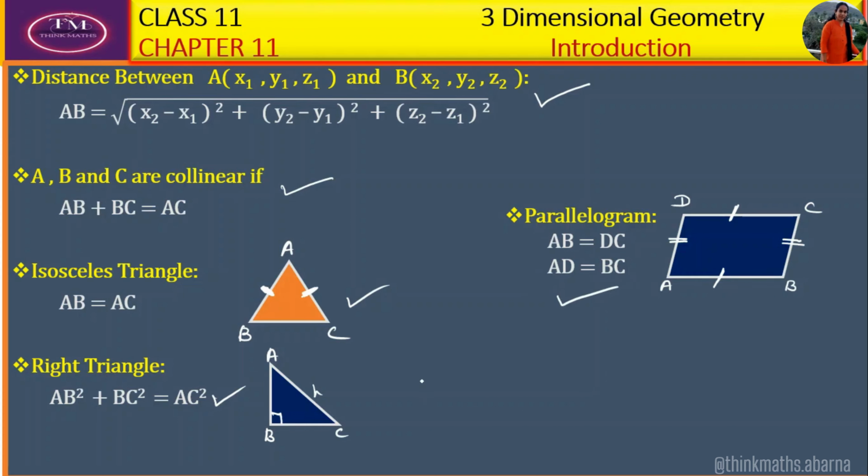If it is so, then these 4 points form a parallelogram. Okay. So if you learn all these formulas, then this chapter is very simple. You just have to learn the octant table, the distance formula, and the conditions for collinearity, isosceles triangle, right triangle and parallelogram. So this chapter will be very simple.